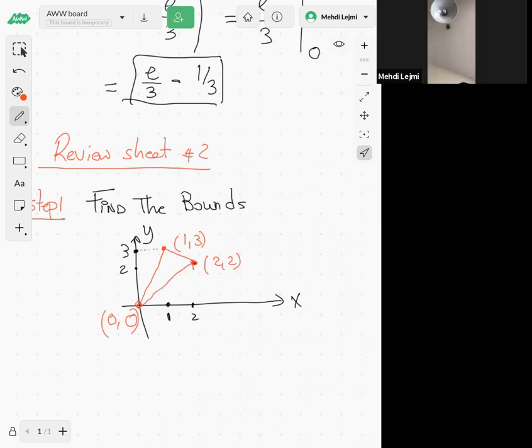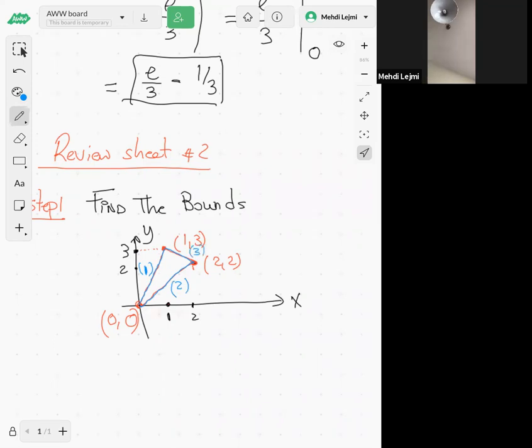So the main problem here, guys, I would say, is to find the equation of the lines. The sides of the triangle, you have 3 sides, obviously, right? And the problem is really just to find the equation of the lines. So let's call the first side here side number 1, this side number 2, and this is side number 3.